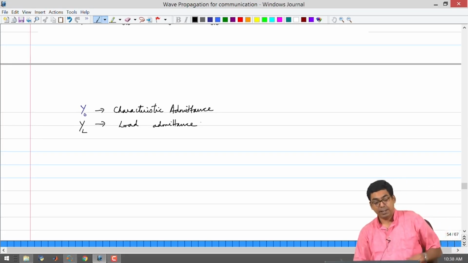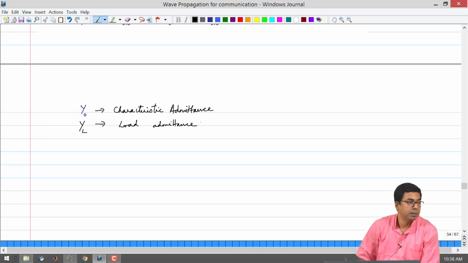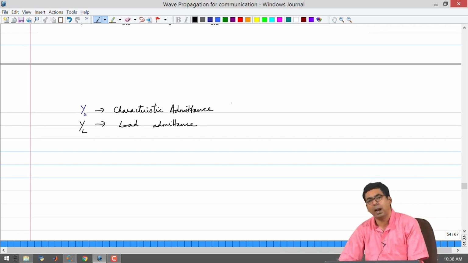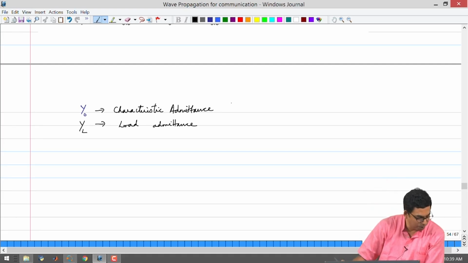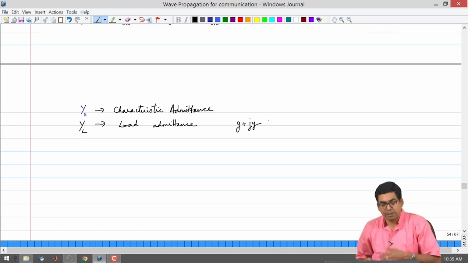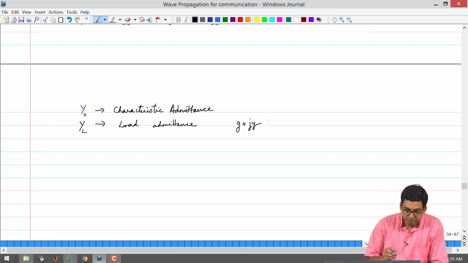Let us say that we are dealing with a lossless transmission line, which means that Y naught is going to have only a real part. YL could be anything, it could have a real and an imaginary part, and you could write this as say G plus jY. Previously we had R plus jX, you could write this as G plus jY, right.